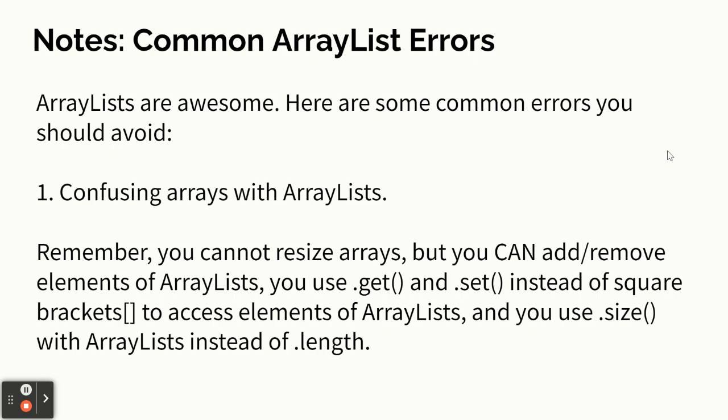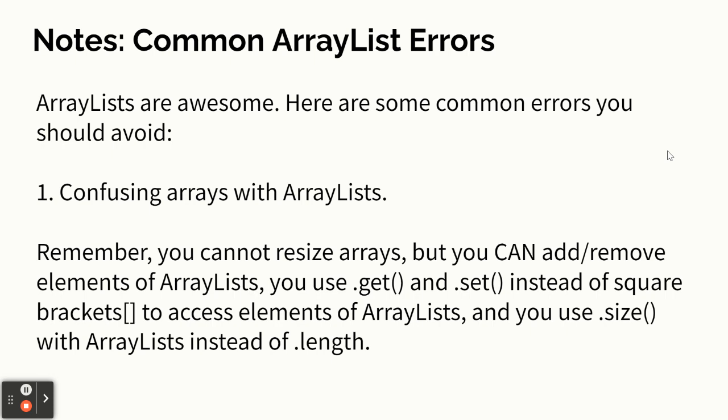We're going to go through some common ArrayList errors. First, ArrayLists are awesome. However, here are some things that people do that are wrong. Try not to confuse ArrayLists with arrays. Arrays you access with square brackets, and to find out how long they are, it's .length with no parentheses, and you can't change how big they are.